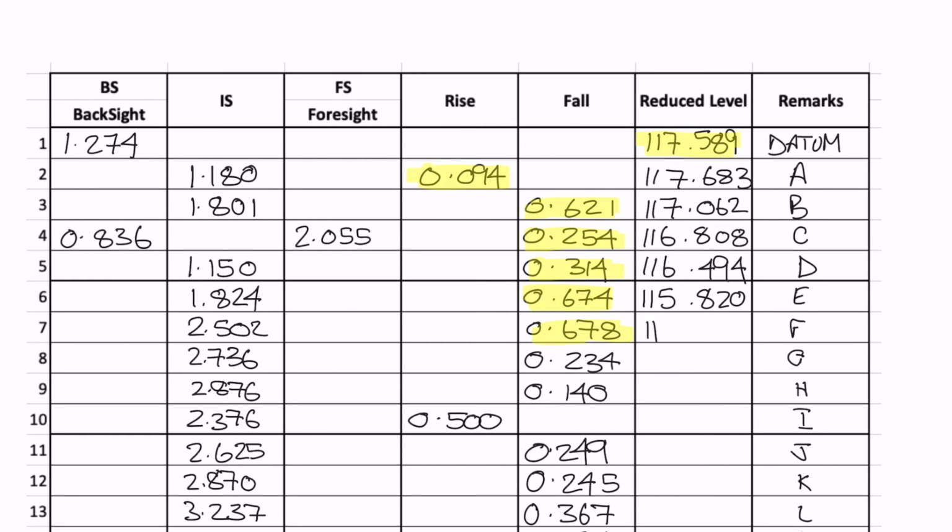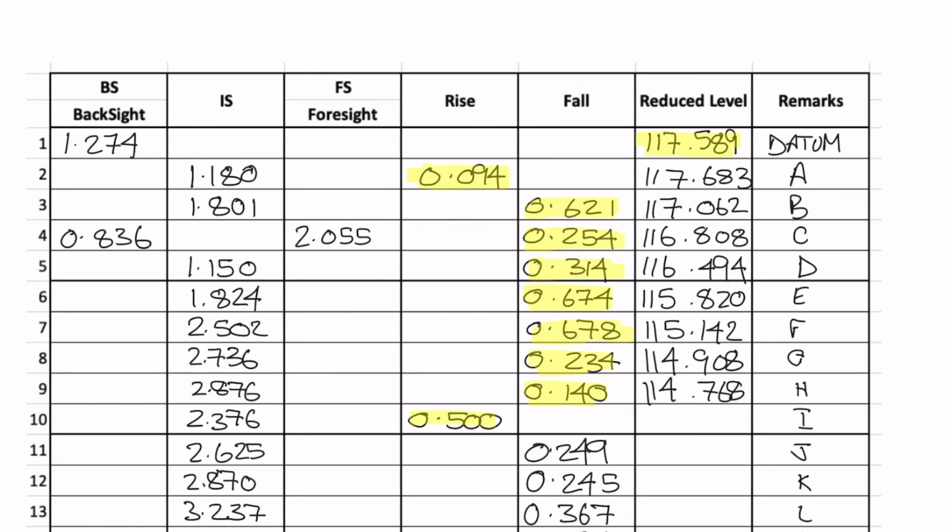That gives us a value of 115.142. Another fall. 114.908. Another fall value, so we subtract this off, 114.768.